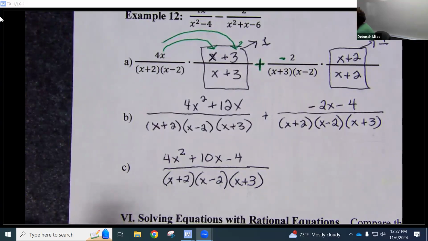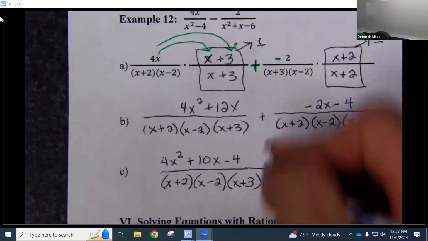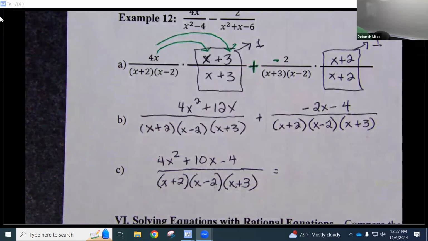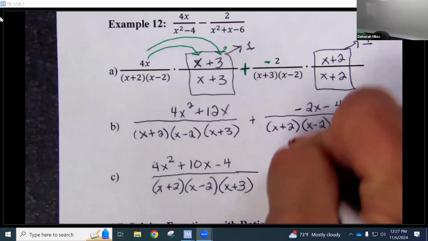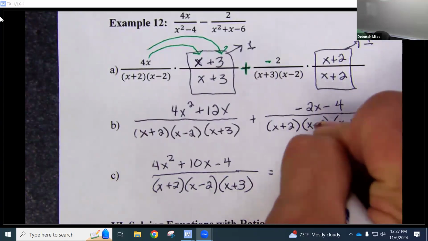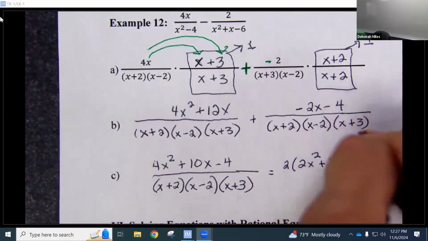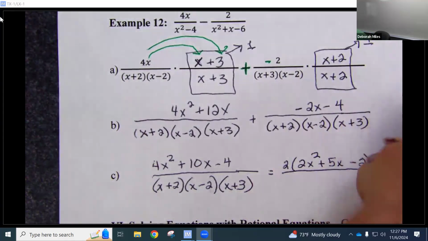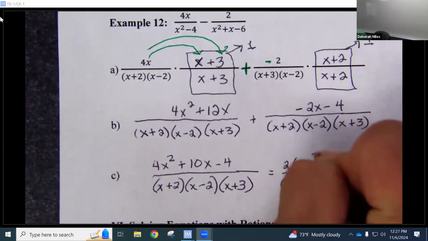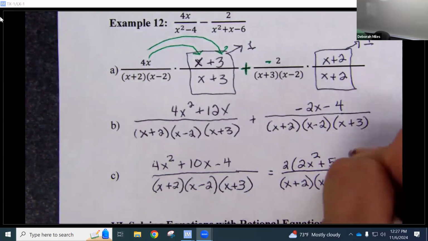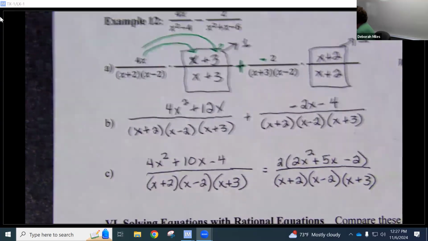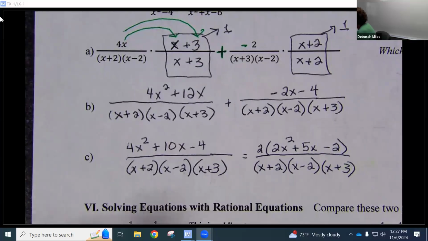That okay? What do I need to do in order to see if that will reduce? I need to factor it. And the first step in any factoring is GCF. That numerator has a GCF of 2. Anytime you factor, check your factoring.